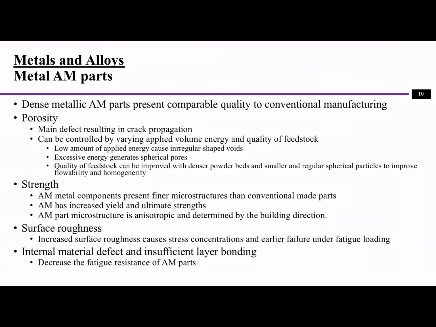And for metal 3D parts as a general part, the dense metallic additive manufacturing parts present a comparable quality to conventional manufacturing. So the question is, how do you come up with dense metallic additive 3D printing parts?